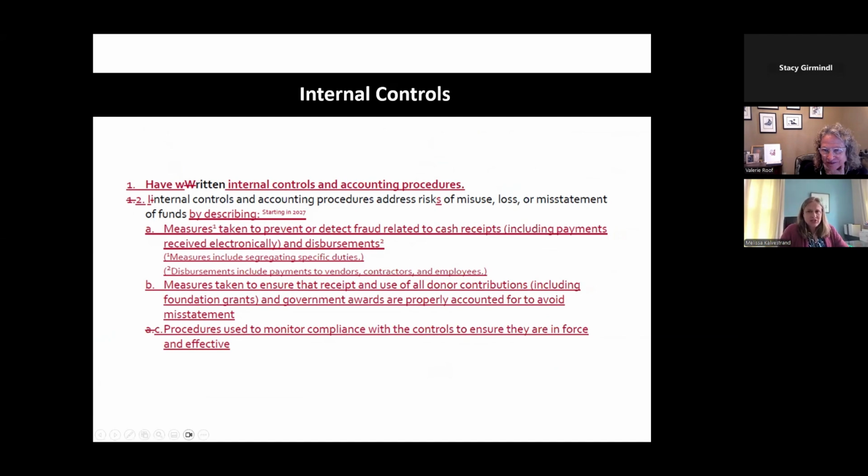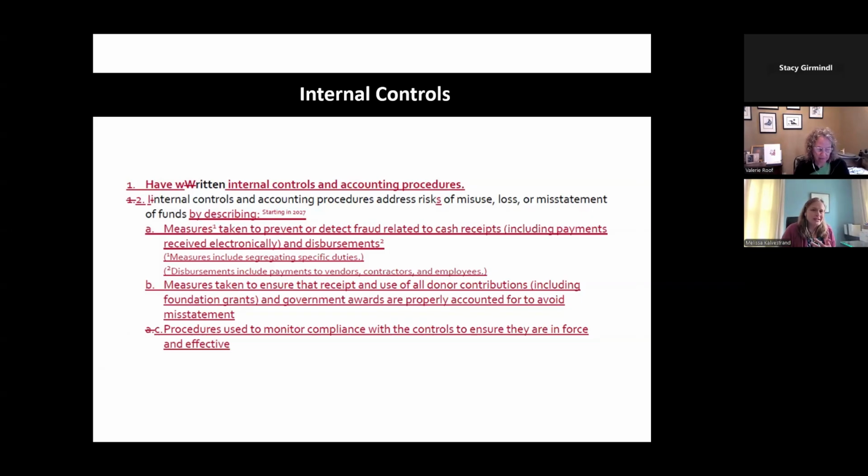So the next section where we had more of a major change has to do with internal controls. This is a place where in the past, and I'm sure some of you have filled out this section of the application and maybe scratched your head a little bit, we requested that a land trust do a self-assessment of risks related to theft, fraud, and misstatement, and then describe your procedures to identify and address those risks.